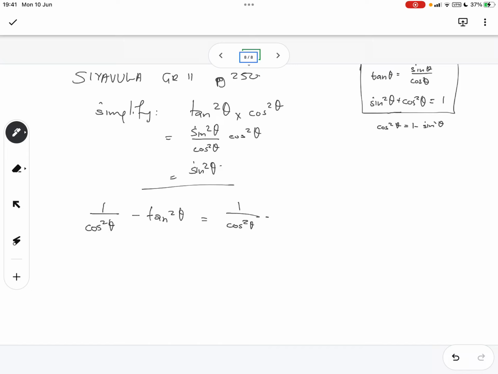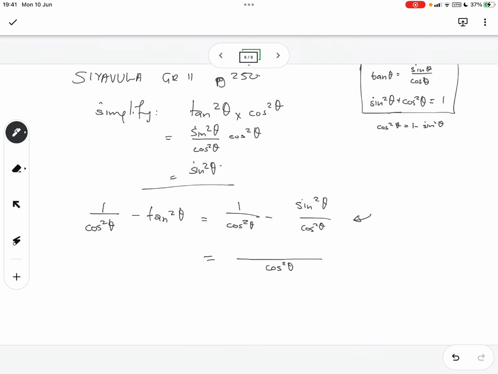And then another example, let's say we've got 1 divided by cos squared theta minus tan squared theta. So we can say that this equals 1 over cos squared theta minus sine squared theta over cos squared theta.